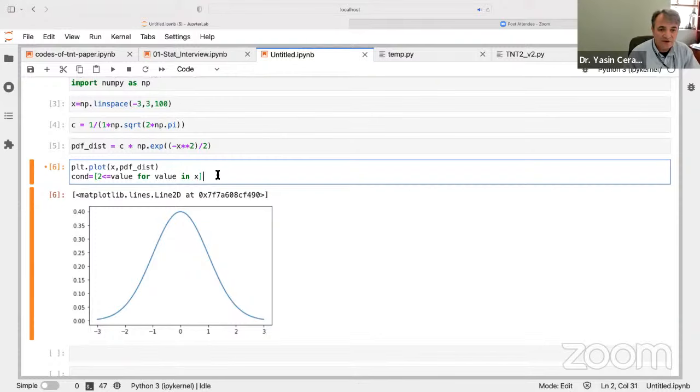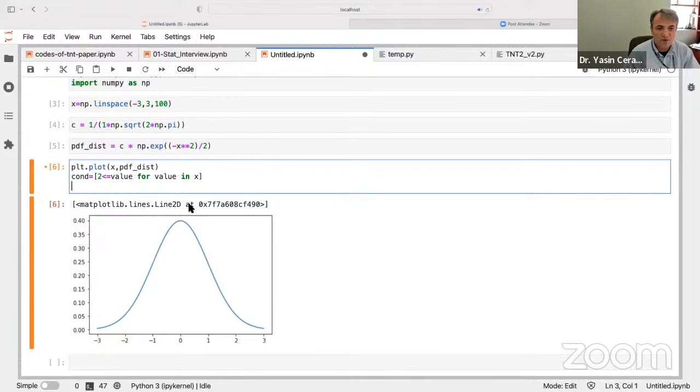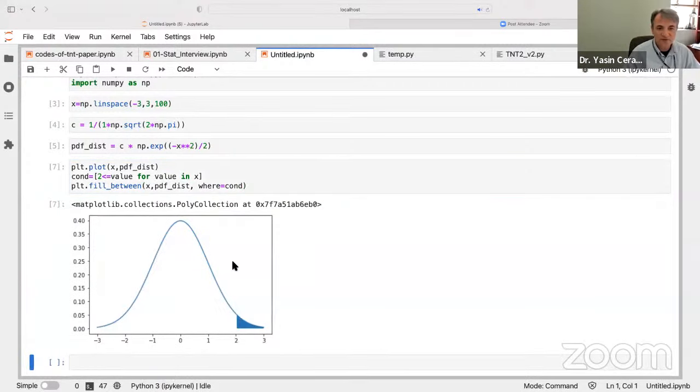Then I'm going to fill these points from 2 onwards. So plt.fill_between, X, my PDF distribution, and then where equals condition. Okay, I think this is going to take care of it.